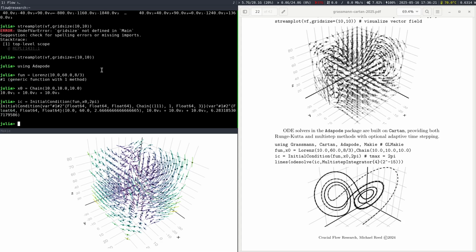Okay. So this produces an initial condition object for the differential equation solver, okay? Once you have an initial condition object, then you can solve a differential equation, right?